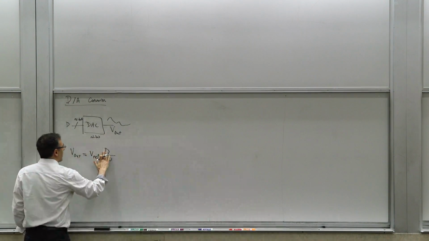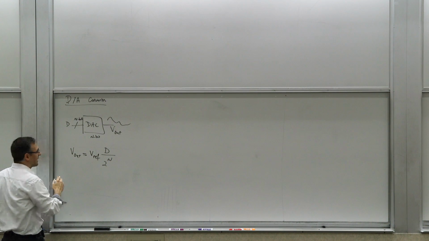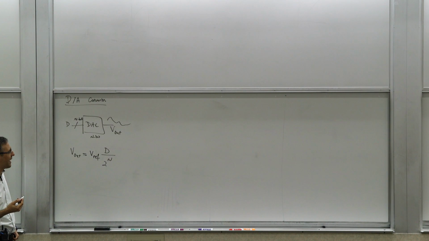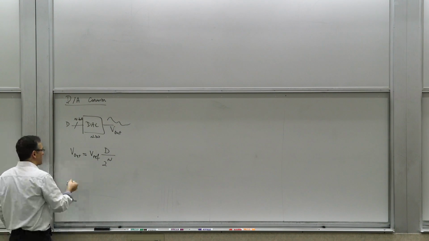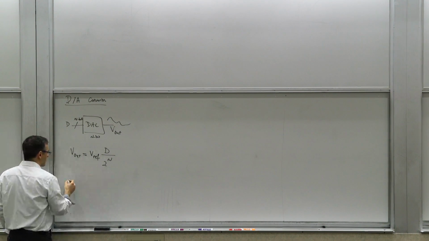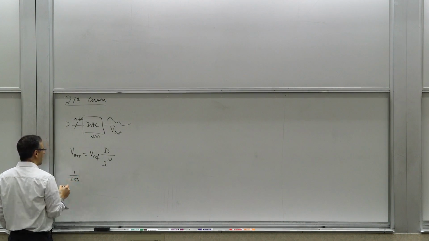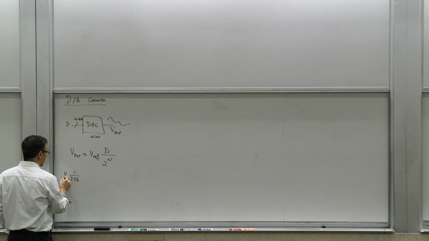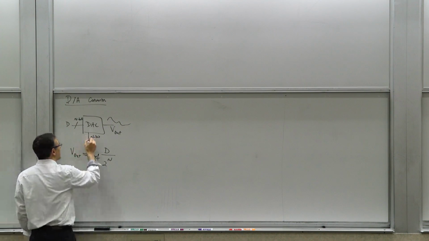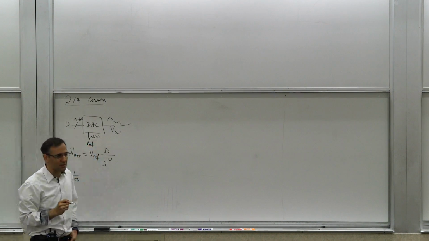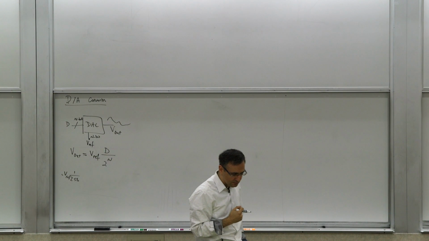You look at the value of the digital word, and it's compared to whatever 2 to the n is. For example, if you have an 8-bit system, this is going to be 256. So if you provide a binary 1, you would get 1 over 256 of your reference voltage. So it's basically that reference that gets scaled.